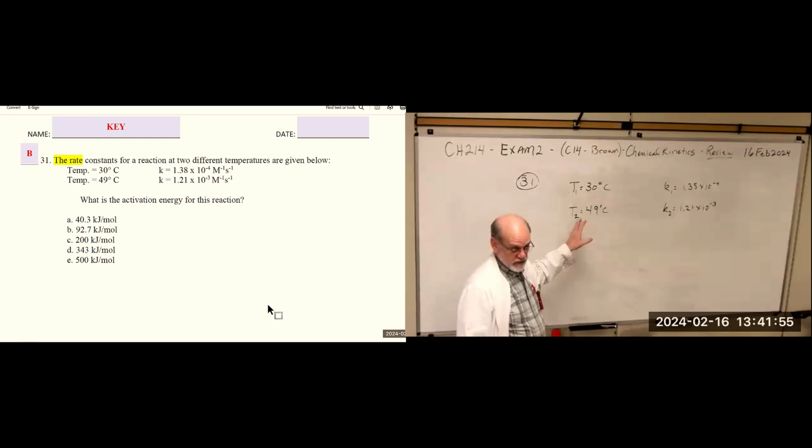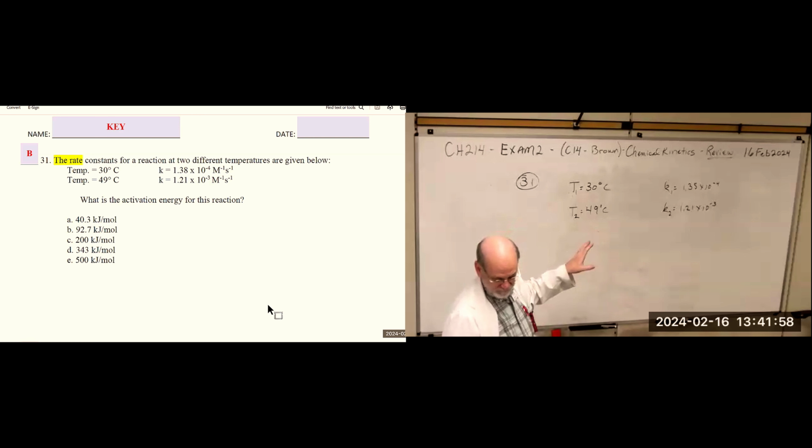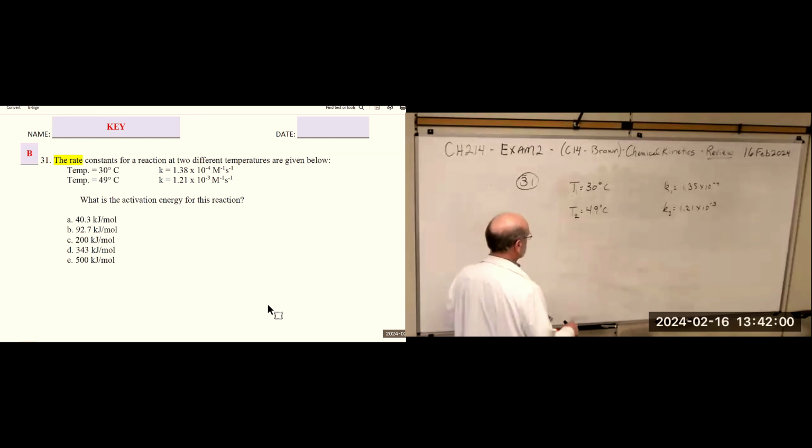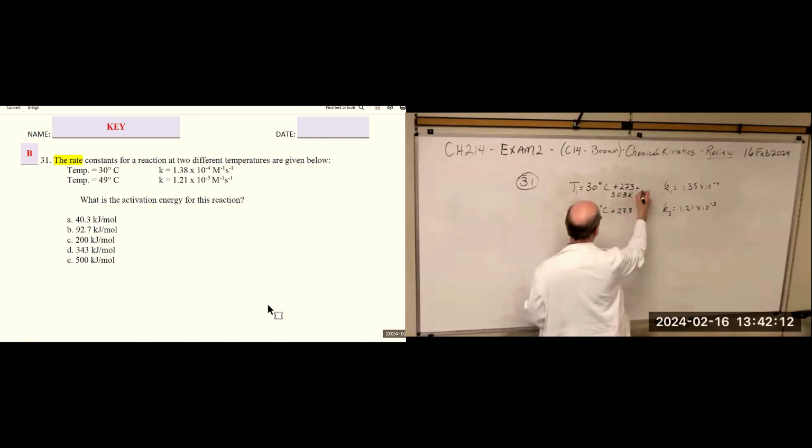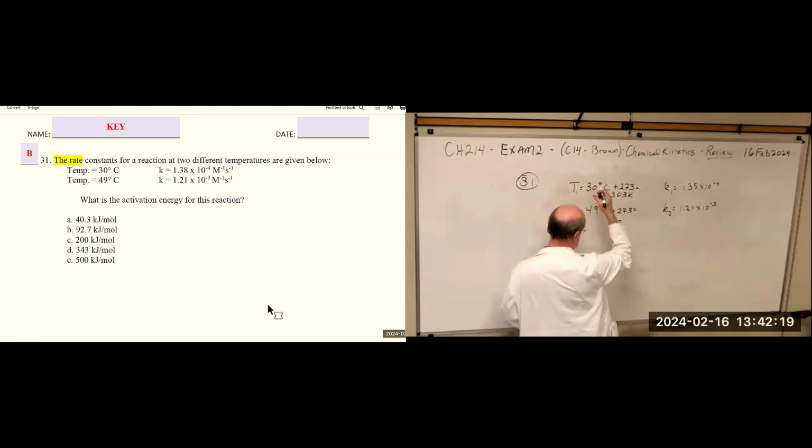But we got another equation that works for that. It's a modified Arrhenius, and we're going to need temperatures in K. So 273 plus each one of these. So that's 303 K. This is 322 K.